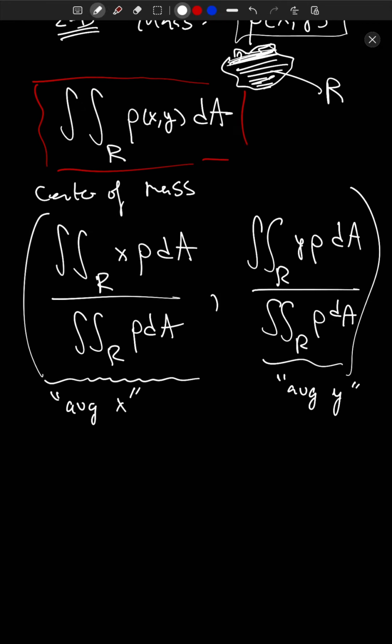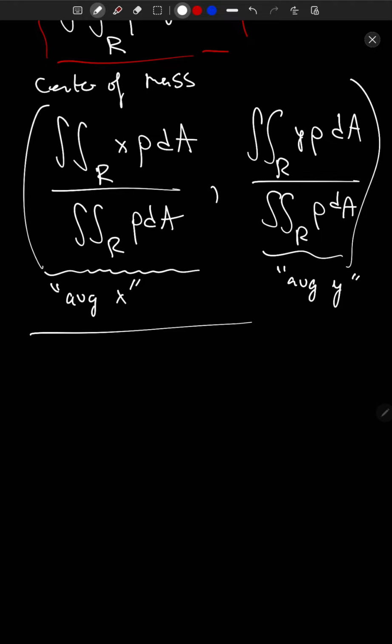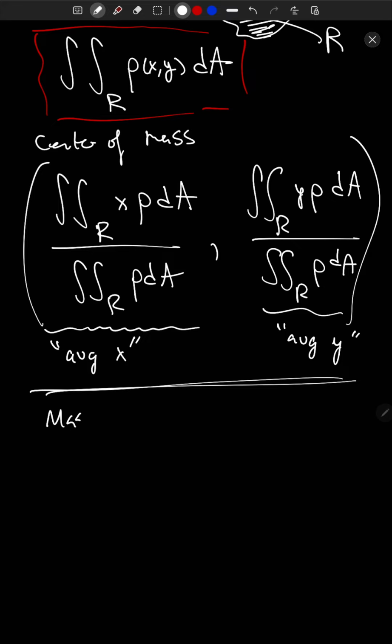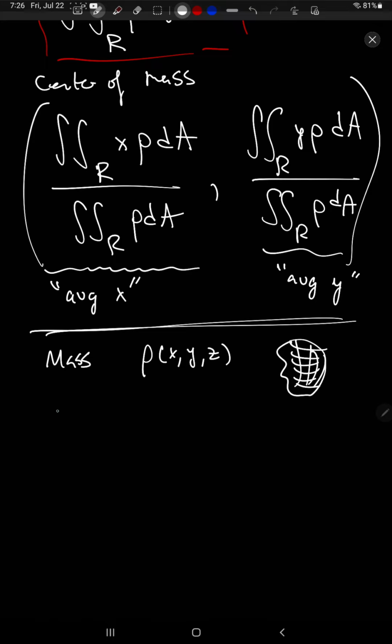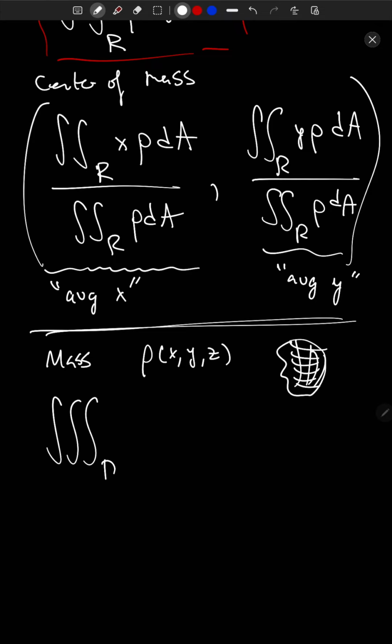Okay, 3 dimensions, well, you can probably guess. Your rho is going to be 3-dimensional, right? So we're talking about the mass of actual, in a way, a physical object in the real world. Different densities in different places. The mass is going to be a triple integral over our region, so call this D, of rho dV.